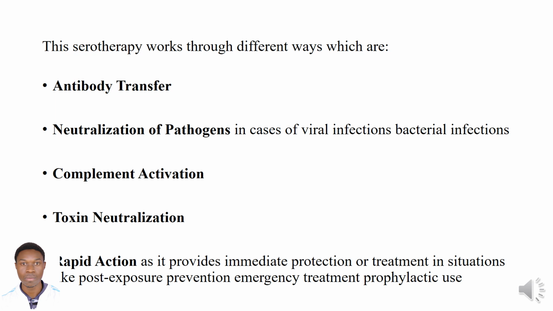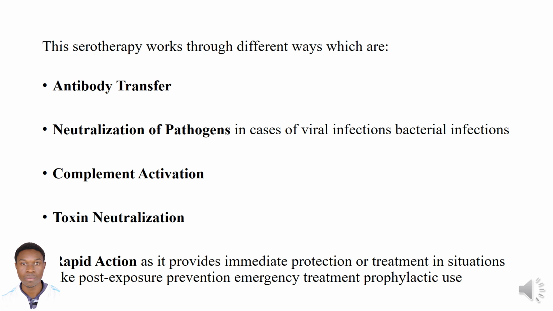For example, in cases of viral infections, antibodies can prevent the virus from entering host cells. Even in bacterial infections, antibodies can block the bacteria from attaching to host cells or mark the bacteria for destruction by other immune cells in a process known as opsonization.